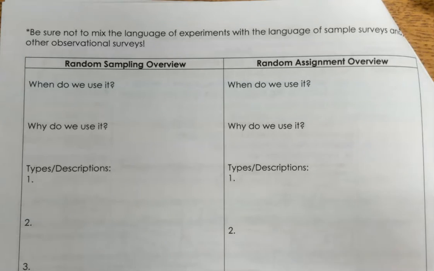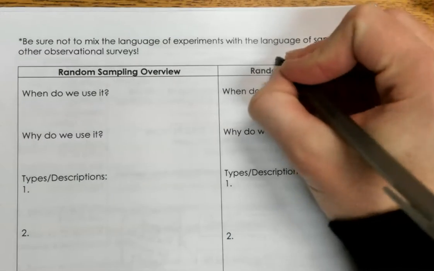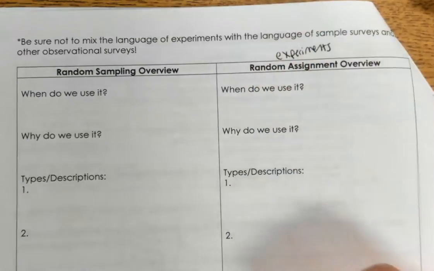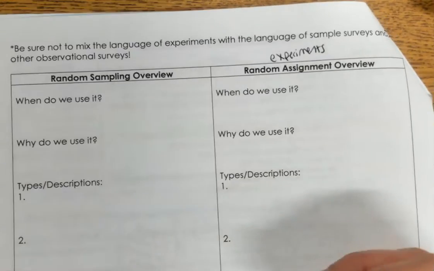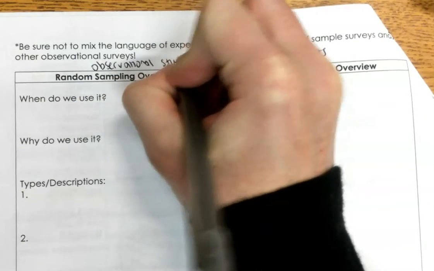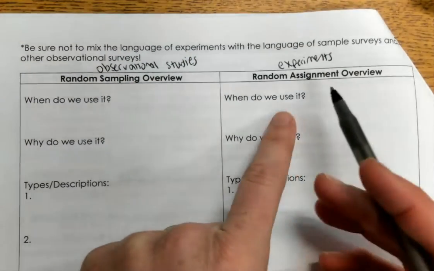Remember, the big difference between the two is random assignment of treatment. So random assignment of treatment is with experiments. Random sampling is typically with observational studies. And what I mean by that is that with experiments, we usually have to take volunteers.